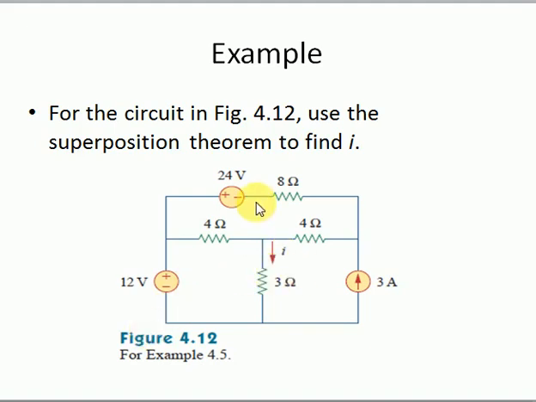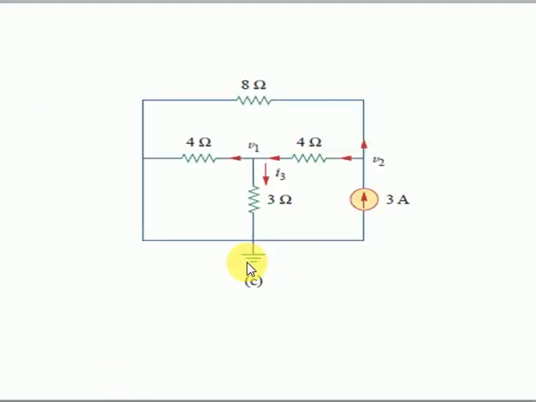So by doing this short circuit and this short circuit here, we will get this circuit. In this, the 24 volt source has been short circuited, the 12 volt battery has been short circuited, and only the 3 ampere current source is here. So we have to find out the value of I3.